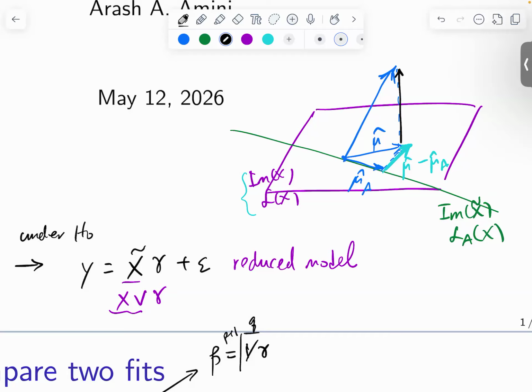Anyone remembers? If this is y, this would be E, the residual of the full model.